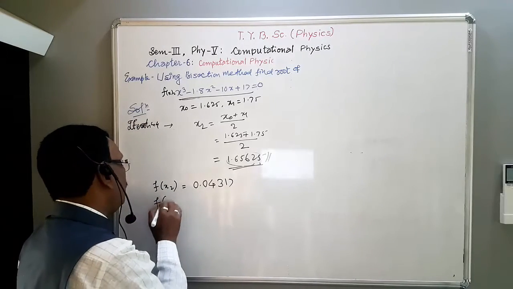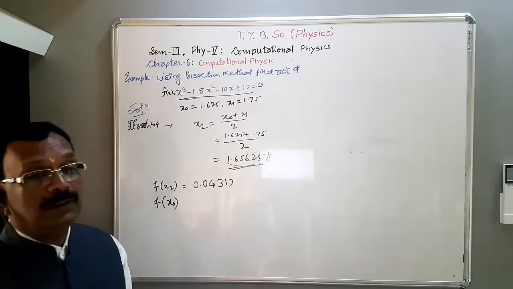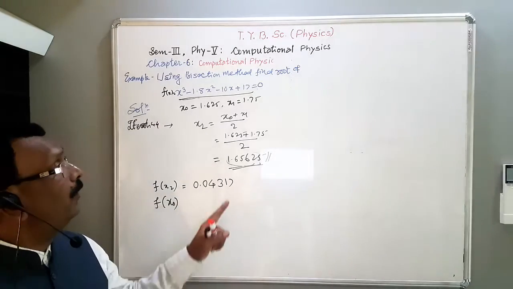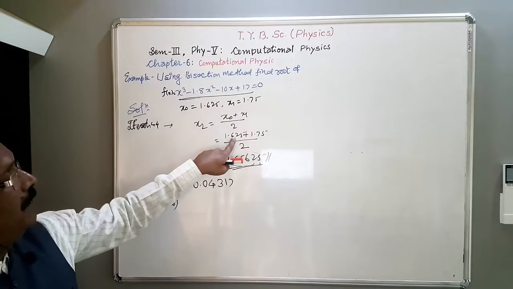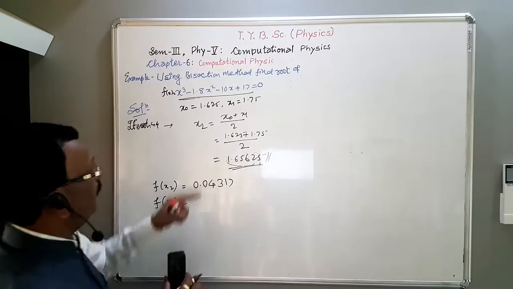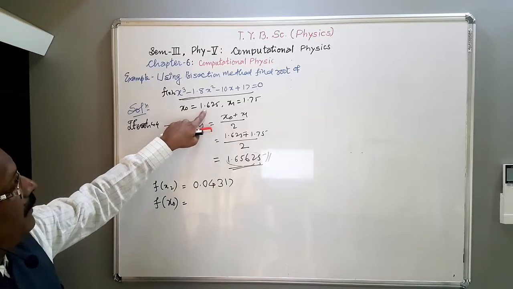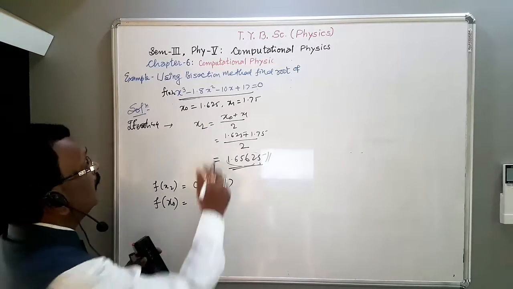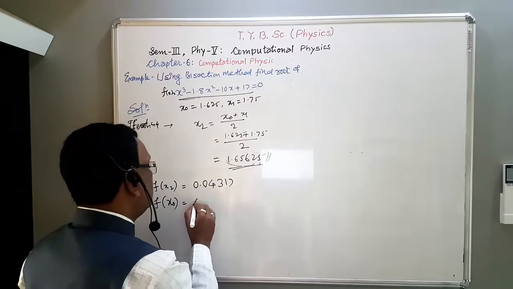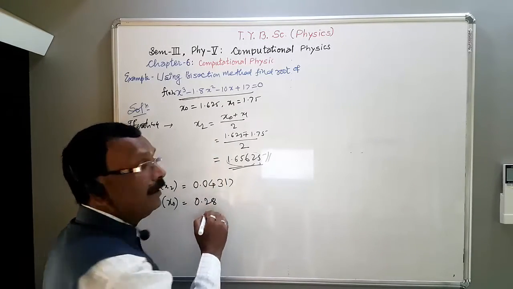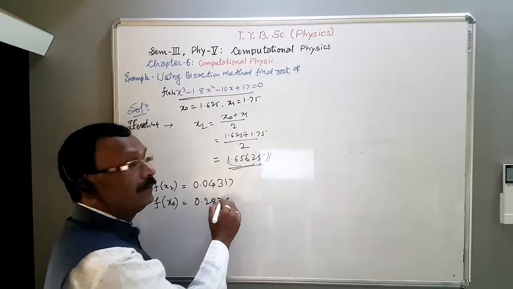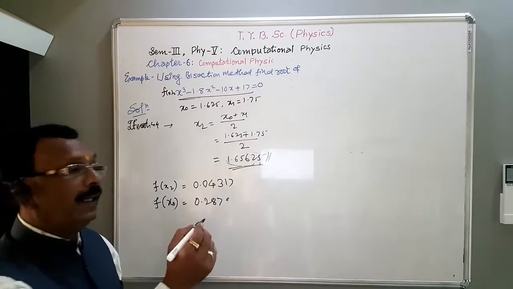We already found the value of f of x0. When we substitute the value of 1.625 in the same function, we already calculated that value, and that value is 0.287891.